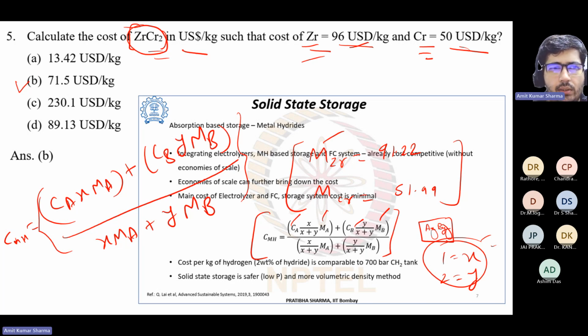So what is this ZrCr2 actually? We have calculated the cost for a composition of zirconium and chromium. What is this ZrCr2 representing? Is it a catalyst basically?